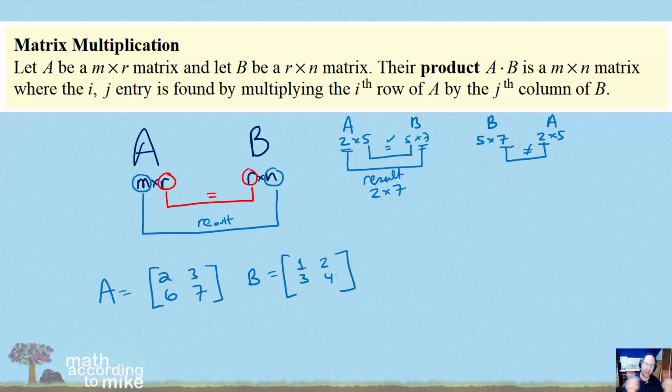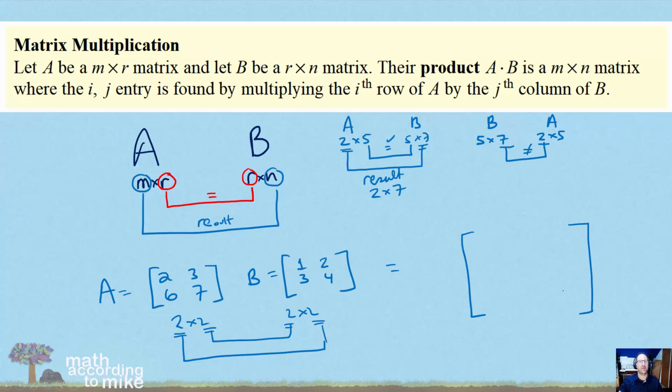Same size is referring to adding and subtracting. A 2 by 2 times a 2 by 2 you can also multiply, but it's for the rule of the number of columns here matching the number of rows here. That's the only thing you check. The result is going to be the number of rows here by the number of columns here. So the result happens to also be a 2 by 2.